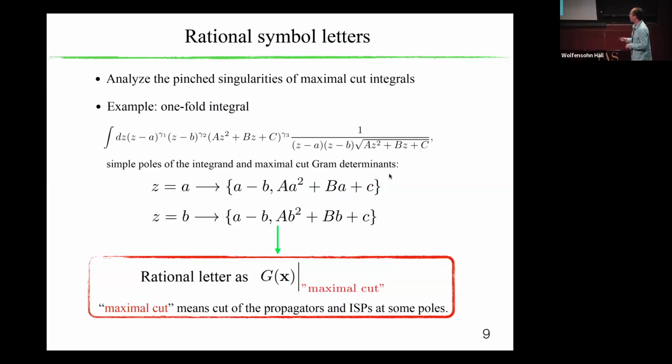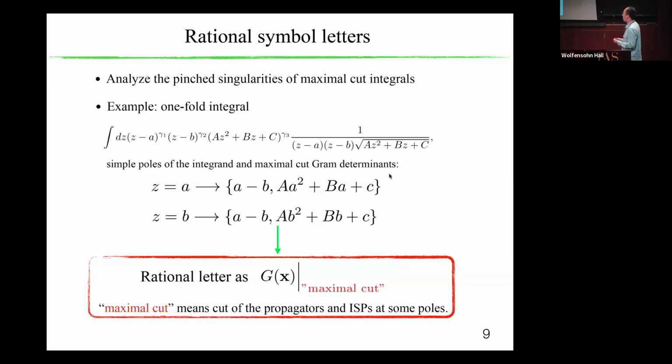Here is just a one-loop integral, as an example. These three polynomials are all from the Gram determinant. And we can see z-1 and z-b are just simple poles. In our analysis, we just analyze the simple poles. Let's consider this simple pole equal to a, and if we localize the other Gram determinant on this singularity, we'll get two polynomials.